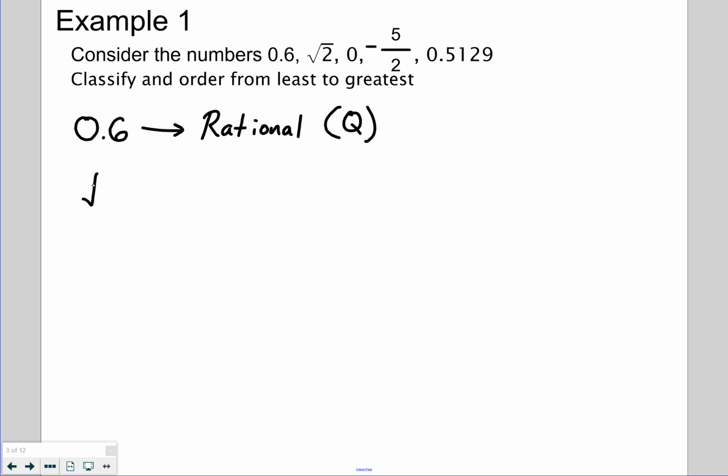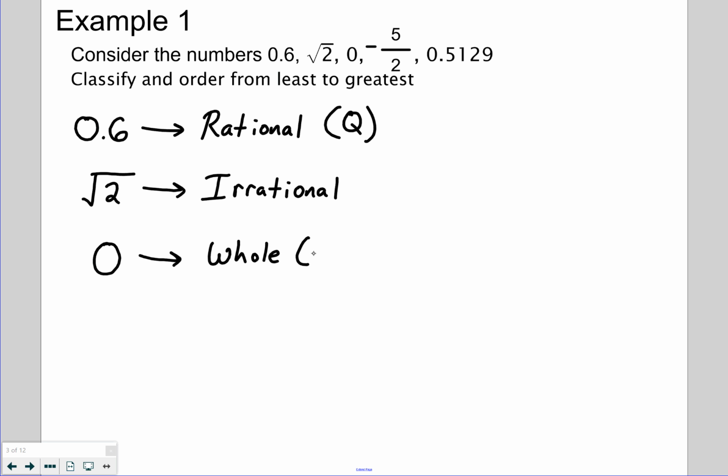The next one. The square root of 2. What do you got for me? Aviana? Irrational. And now there's no symbol for that one, so we have to write it: irrational. Nice work. The next one, 0. Let's go with Josue. 0. Whole number. Excellent.